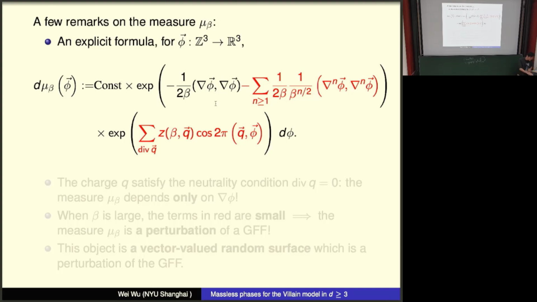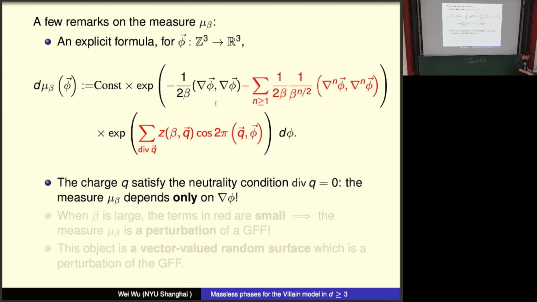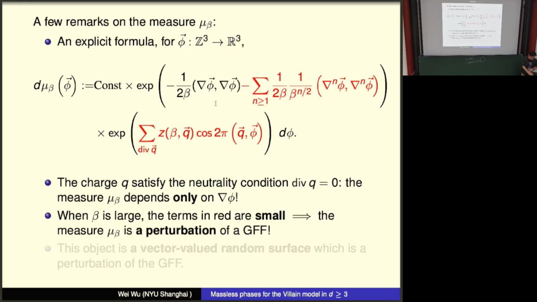So first of all, it's going to be just a gradient type field because the Q has this neutral condition, and moreover, it's going to be some perturbation of the Gaussian. So you have the Gaussian term, and the rest is going to be smaller compared to the Gaussian term.